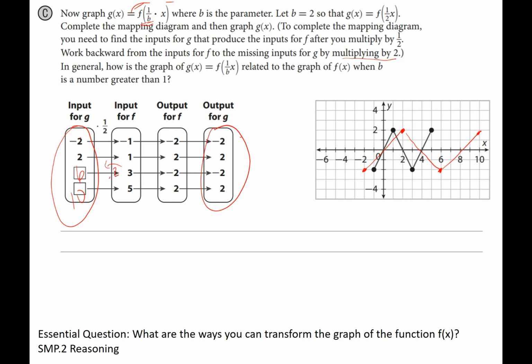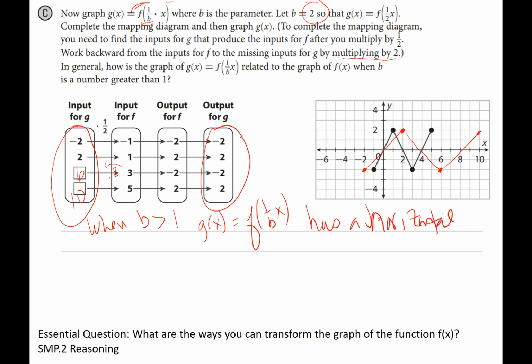Again, the b value on this one is greater than 1. So we'll write that down. When b is greater than 1, g of x equals f of 1 over b times x has a horizontal stretch.